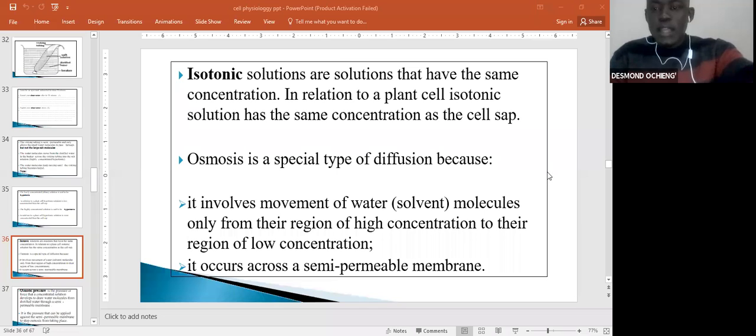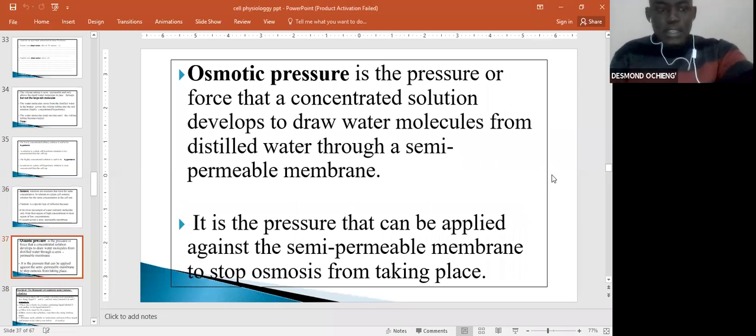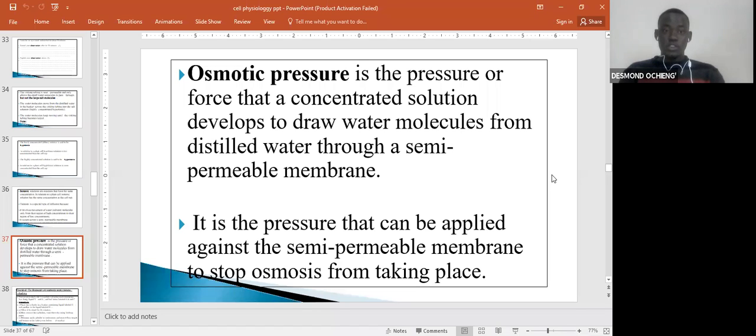As we proceed, what you're going to look at next are some terminologies that are usually used in relation to osmosis. And these are osmotic pressure and osmotic potential. It is important for us to understand osmotic pressure and osmotic potential because they are very key terms that are used while looking at the water relations in plants and in animals.